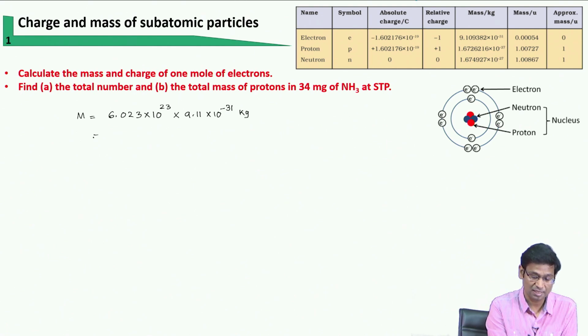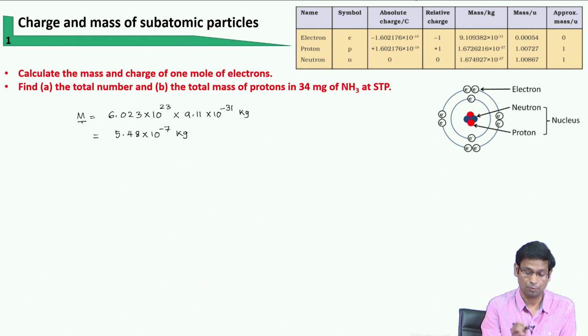So the mass of 1 mole of electrons comes out to be 5.48 into 10 to the power minus 7 kilogram. Now this is the total mass of 1 mole of electrons.